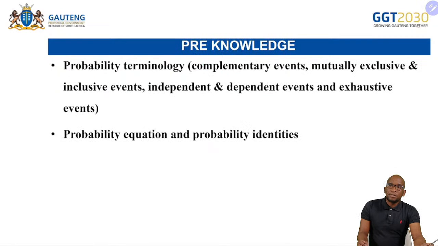You should bring the following knowledge to this lesson: the terminology that you dealt with in probability, complementary events, mutually exclusive events and inclusive events, independent and dependent events, as well as exhaustive events. You should also know the probability equation as well as probability identities.